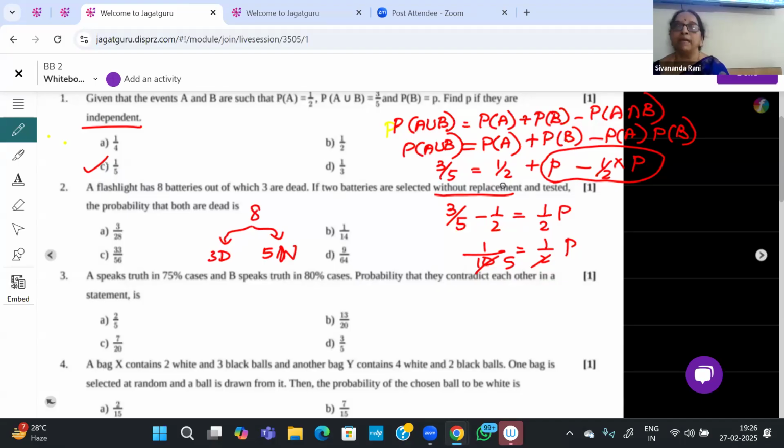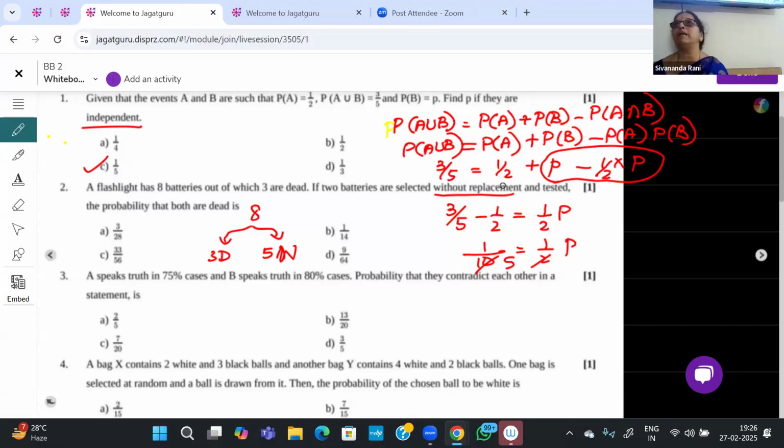Tell me, Vinay, what's your idea? You can use combination. Good job, I like this answer. Without replacement means combination. Always remember, some students get confused. They say, when I draw items simultaneously without replacement, and when I draw one by one without replacement, in both cases can I use combination?